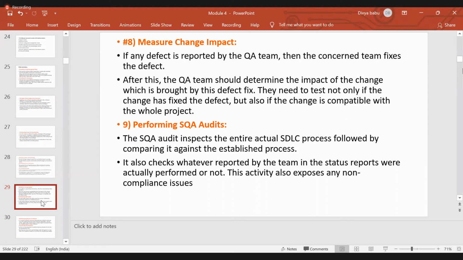It may create some changes. So what impact does it have, what is the rate of change, or how does it affect your system? That impact study you can do, whether it is moderate or critical.